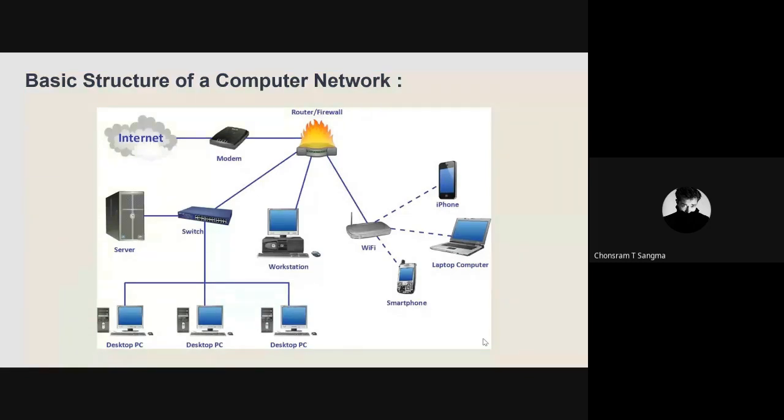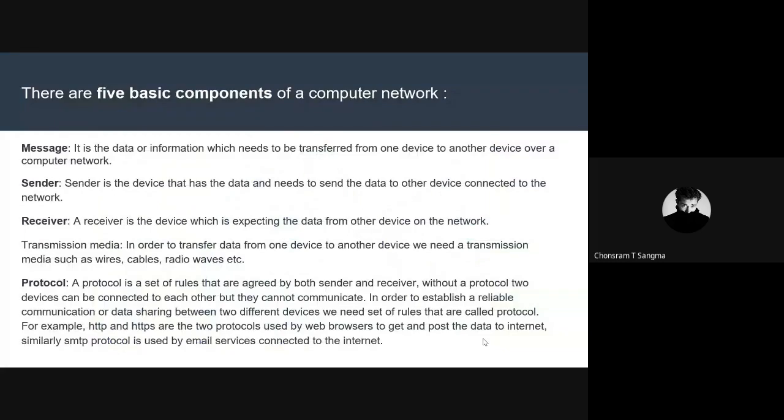Okay, so we'll move on to the next slide now. There are five basic components of a computer network. Number one, we have messages. It is the data or information which needs to be transferred from one device to another over a computer network.